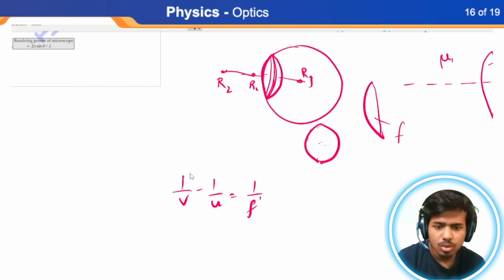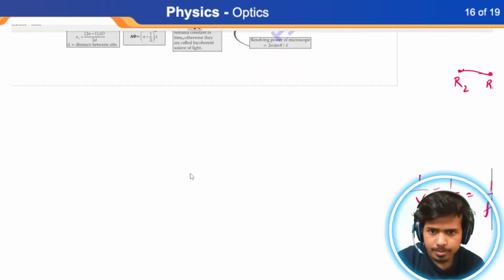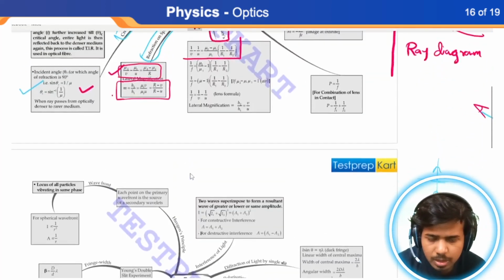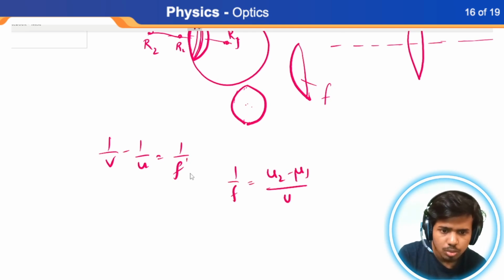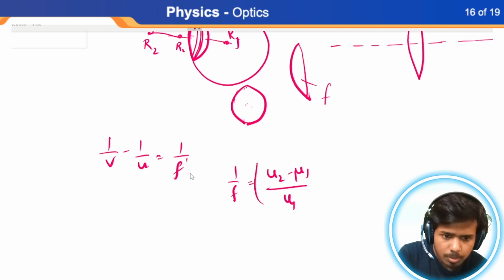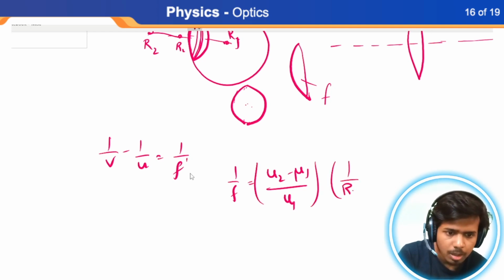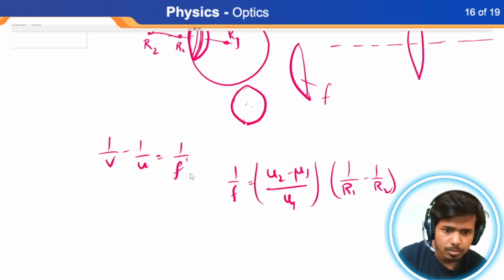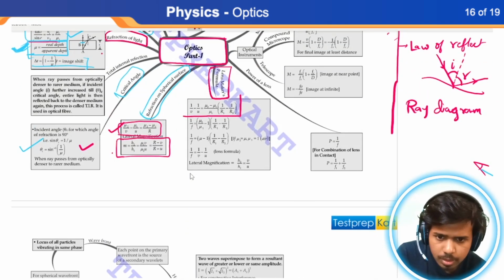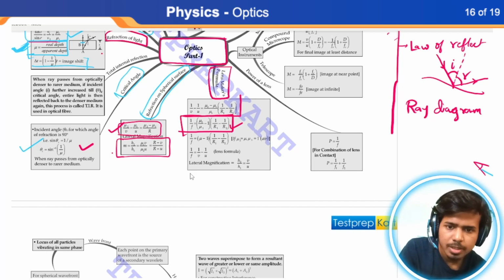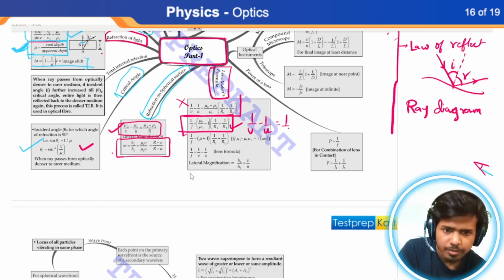And the total focal length could be found out in this manner: 1 by f is equal to mu2 minus mu1 by mu1, multiplied by 1 by r1 minus 1 by r2, right? You just have to remember this one and the basic formula: 1 by v minus 1 by u is equal to 1 by f.